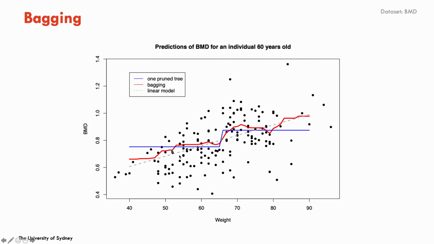So the advantage of bagging is really that it stabilizes. It has the flexibility of the trees, but stabilizes the prediction, so they are not as variable as the ones based on one single tree.